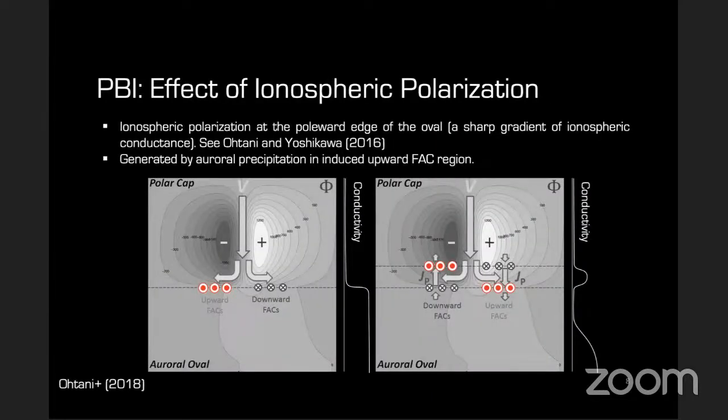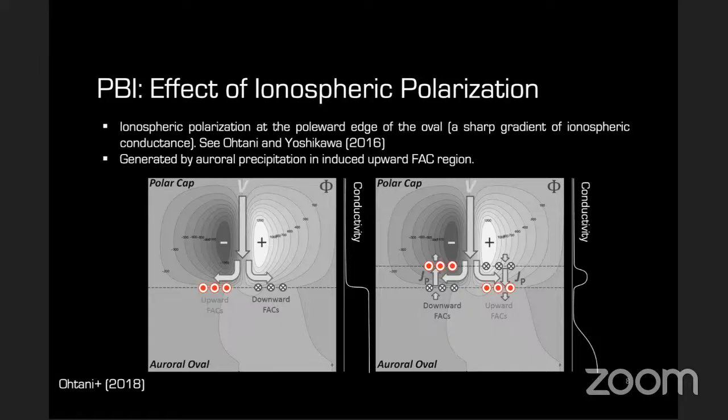More recently, another possible mechanism for the generation of PBIs was proposed by Otani and Yoshikawa 2016. They have considered an ionospheric polarization process at the poleward boundary, where ionospheric conductivity has a sharp gradient.